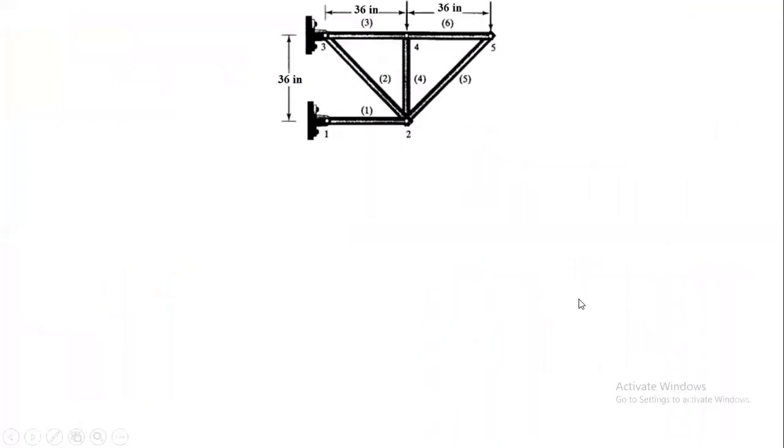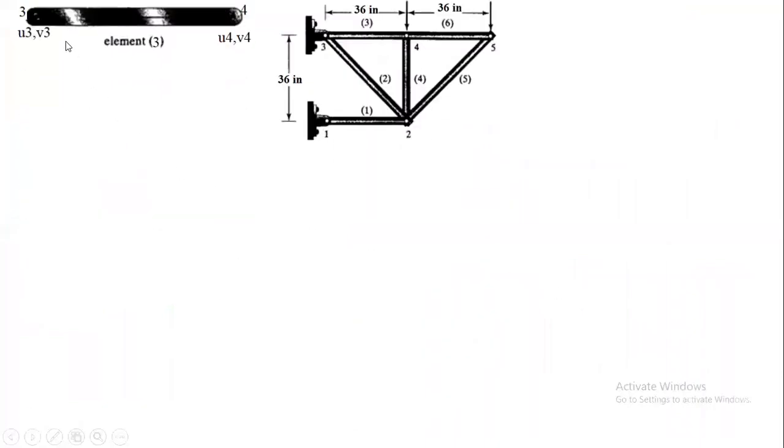For the third element, your third element is connected to node numbers 3 and 4. Now the degrees of freedom corresponding to this are u3 and v3, which means the fifth row and sixth row, and fifth column and sixth column.